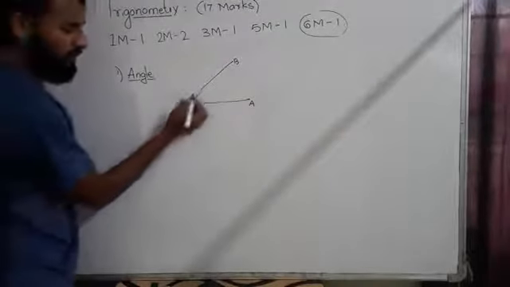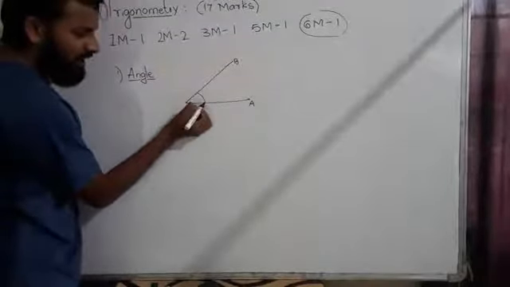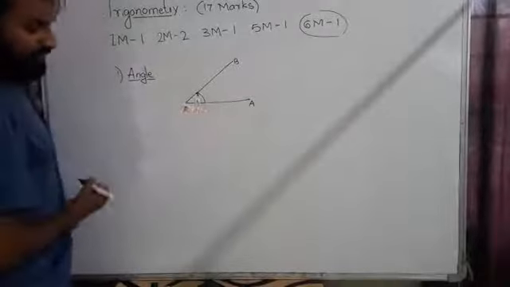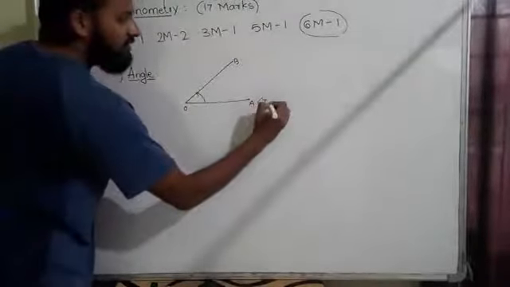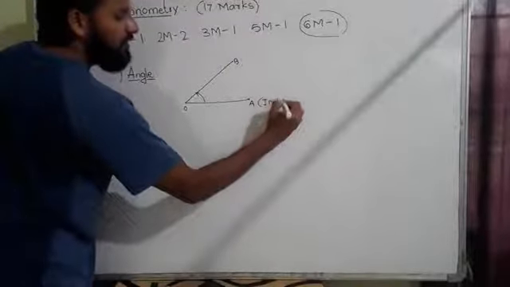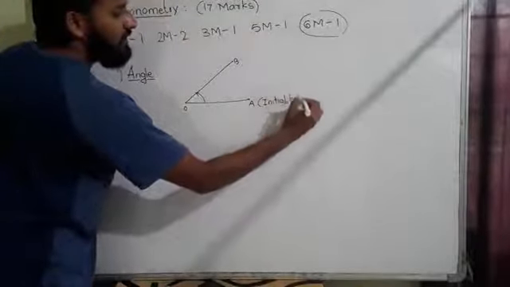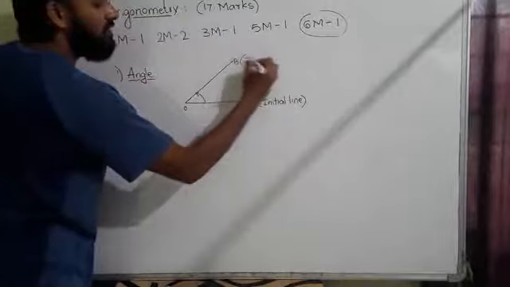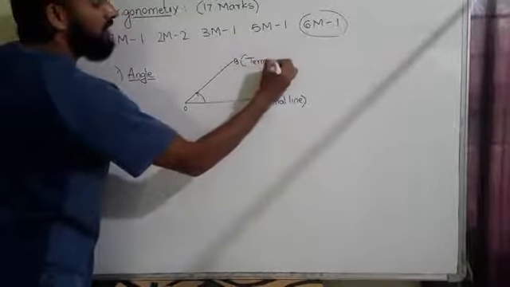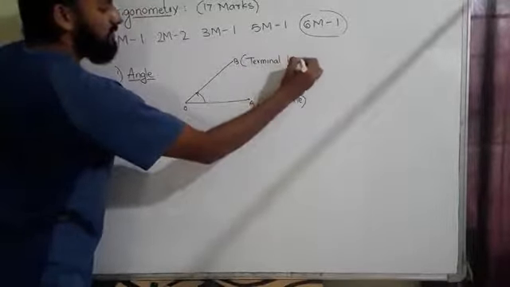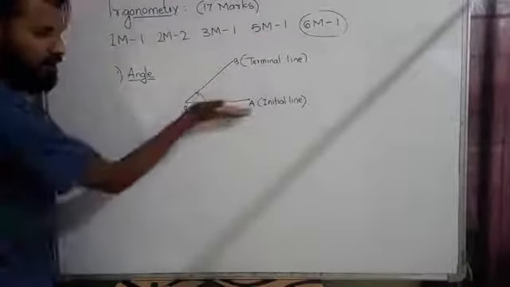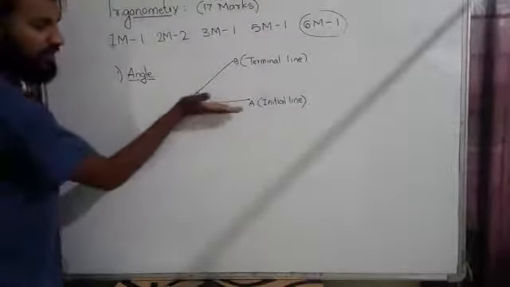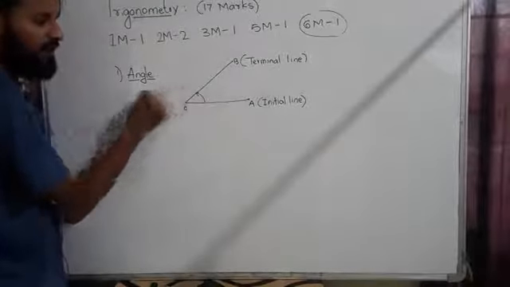Between these two we will get an angle. This is called the initial line and this is called the terminal line. Sometimes it is also called the revolving line, so that when it revolves we will get an angle.